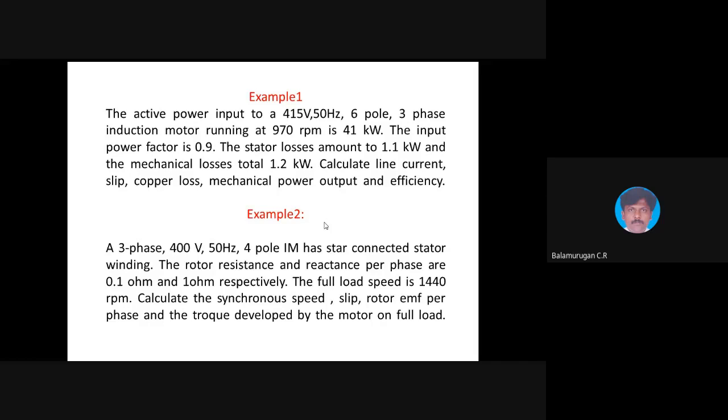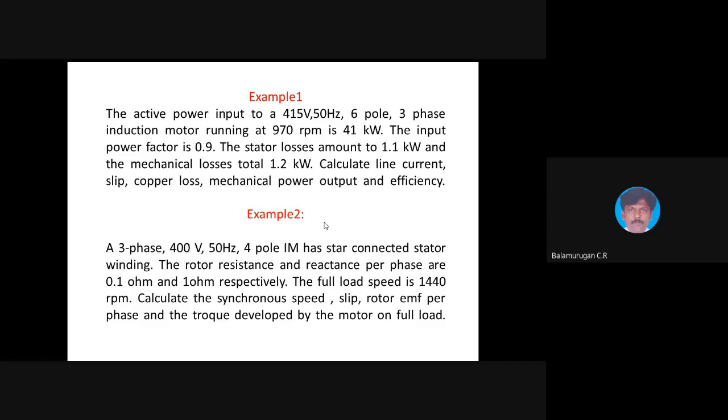Any doubt? So PC equal to 0.03 into P2. P2 is 39.9 into 10 power 3, since we have said kilowatt. So you get 1.197 kilowatt.